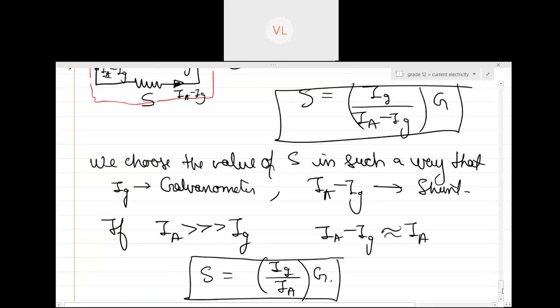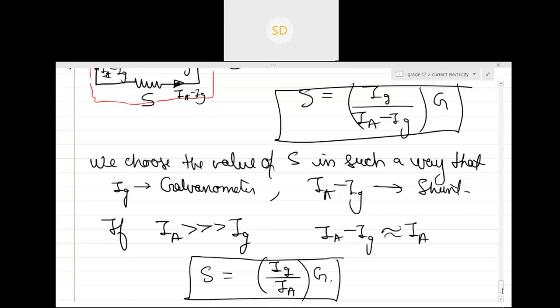So a simple logic you need to use if you want to convert a galvanometer to an ammeter. You can convert an ammeter to a higher range ammeter as well. Depending upon the value of S, you can change it to any value.